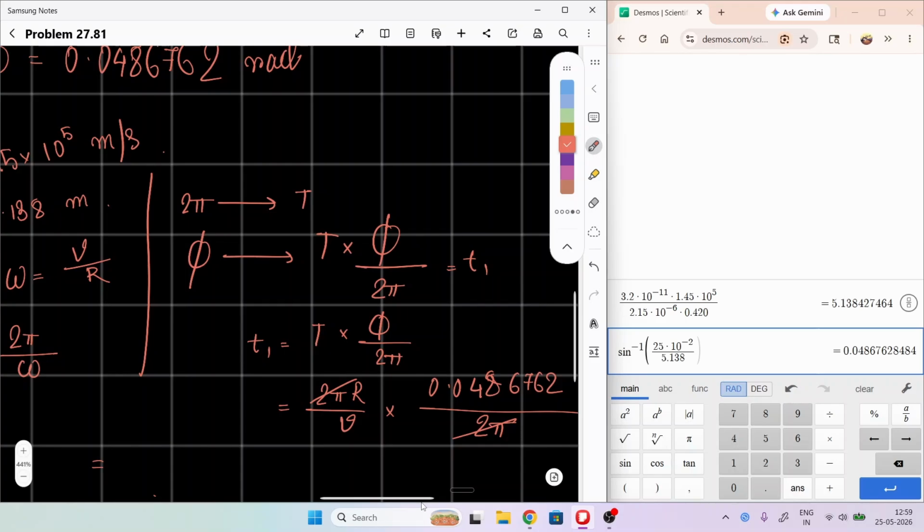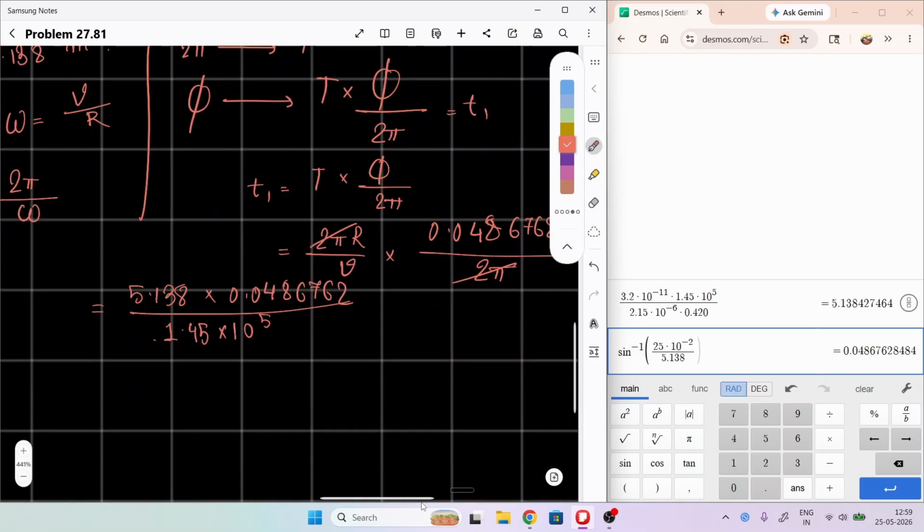So 5.138 into 0.0486762 upon 1.45 into 10 raised to 5 meters per second, which will give us the time T1.